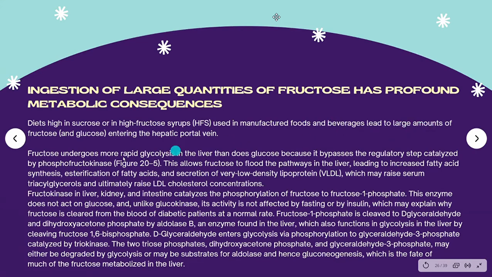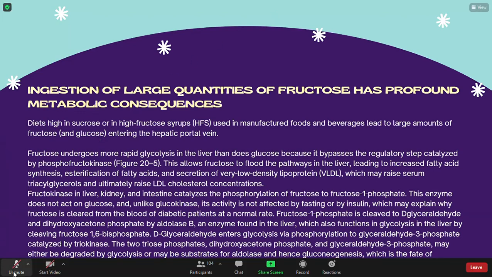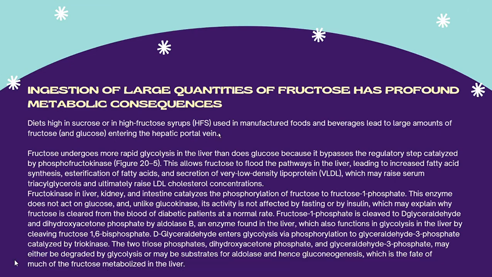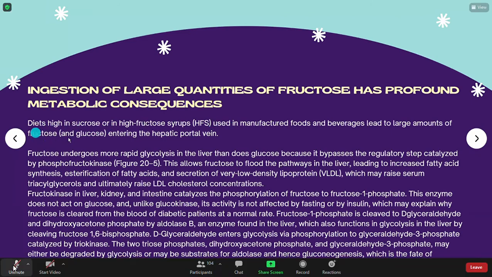Large amount of fructose entering the hepatic portal vein. Why is this fructose and then enclosed in parentheses glucose? Any idea? Yeah, look at that, fructose, high fructose. And why is this enclosed in parentheses glucose?